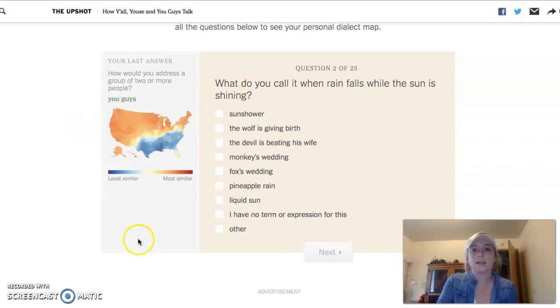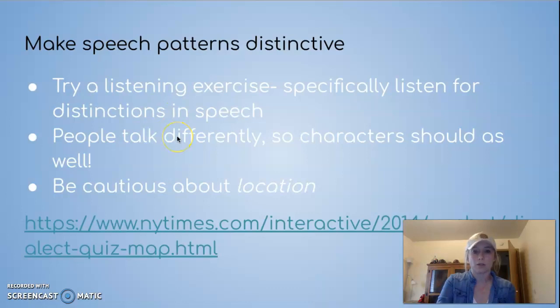Basically, you get all the way to the end and it tells you the 3 cities that it thinks you are from based on your answers to that survey. I think it said that I was from Nevada, which I found surprising because I'm not. So it's obviously not going to be perfect, but that could be a fun activity for you to have your students do so they understand location is going to affect the way that their characters in their descriptive writing should speak.